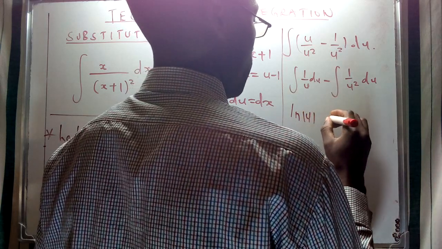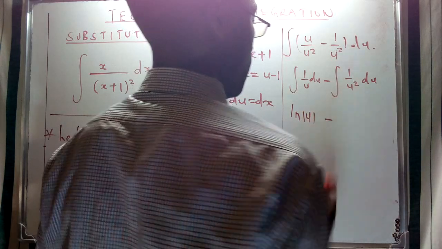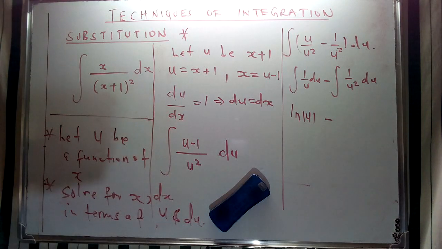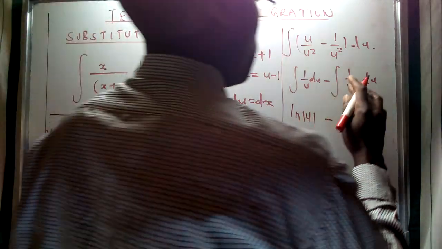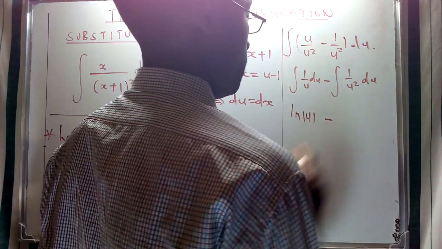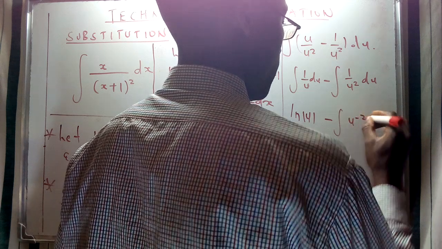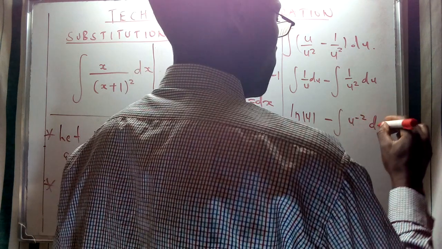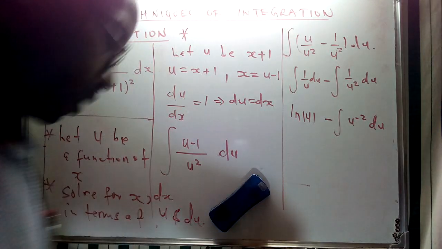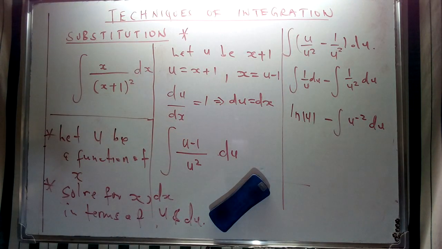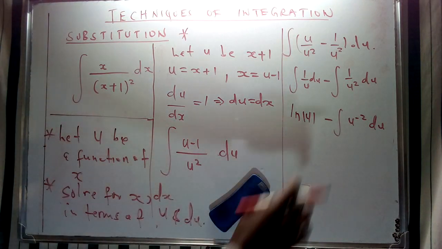And then minus the second part, which we can write as the integral of u to the negative 2 du. For this one we're going to use the power rule.